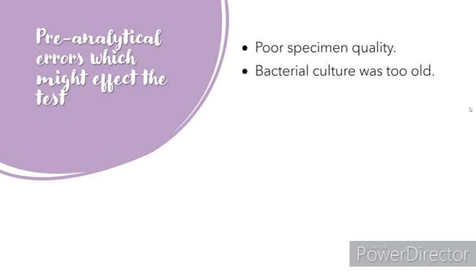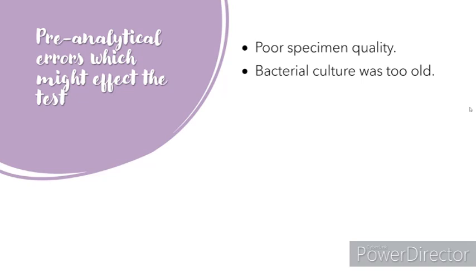Pre-analytical errors which might affect the test are poor specimen quality, or the bacterial culture was too old. I'm not too sure about bacterial culture being old because I've never actually done it myself, but I had seen this come up a lot, so I just put this here because it might be a factor.